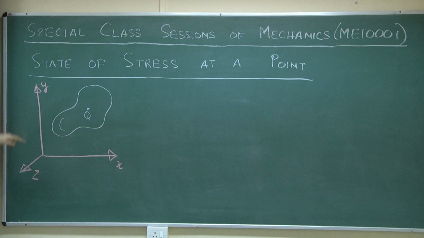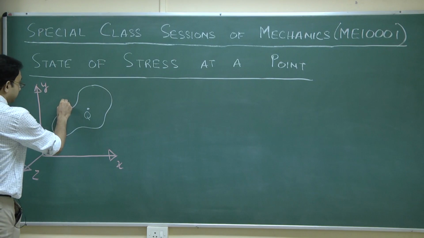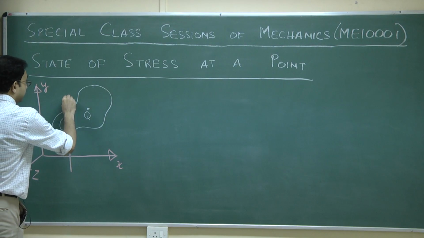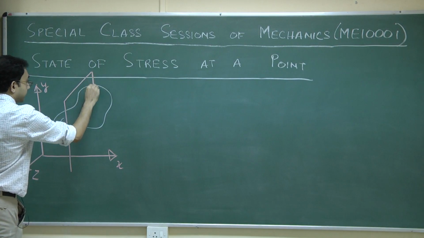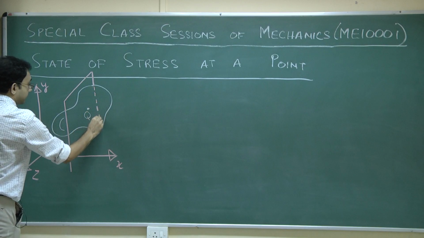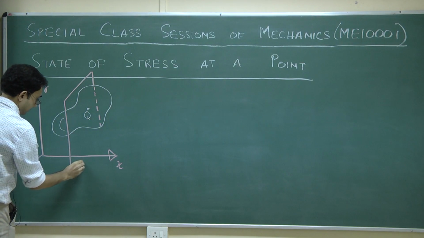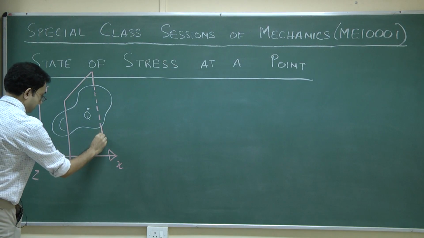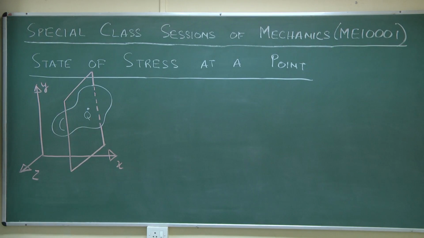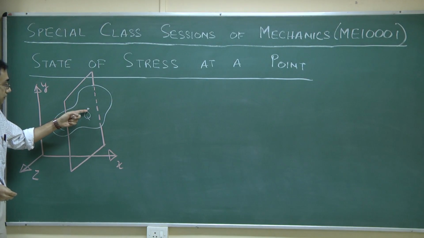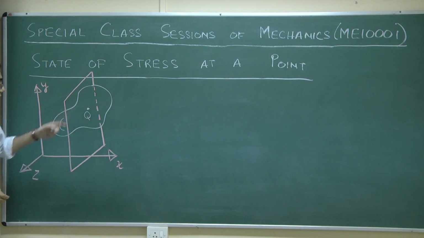This is our Y axis, this is our Z axis, so our plane would be somewhat like this. So this is our plane which is parallel to the YZ plane. This plane has been chosen in such a fashion that it is passing through this point Q.